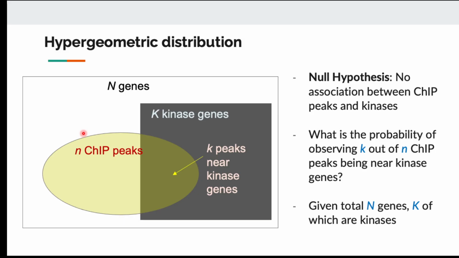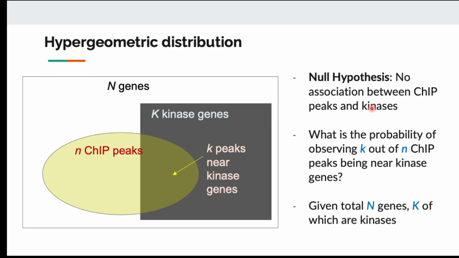The first one is called the hypergeometric distribution. The name might sound very scary, hypergeometric, but the idea is not too difficult. So let's say we have a null hypothesis that the ChIP-seq peaks that we identify don't regulate any kinase in particular.